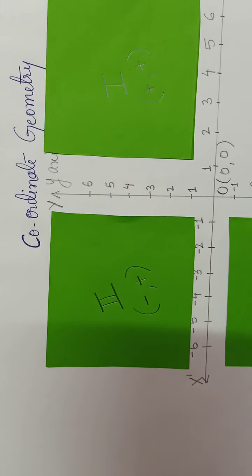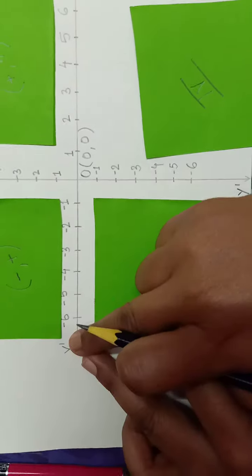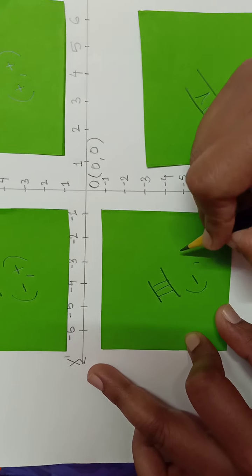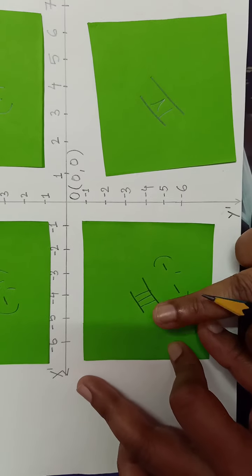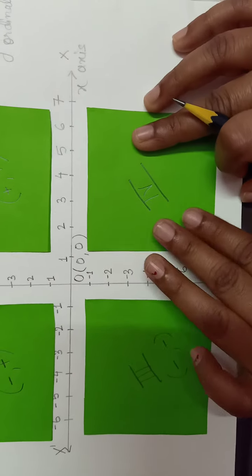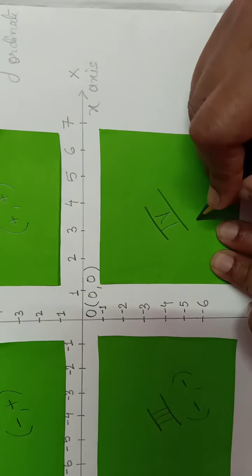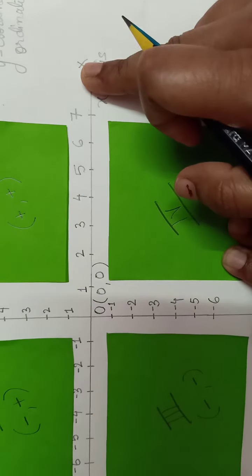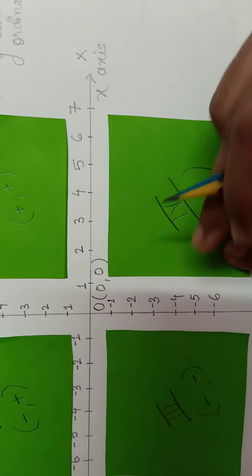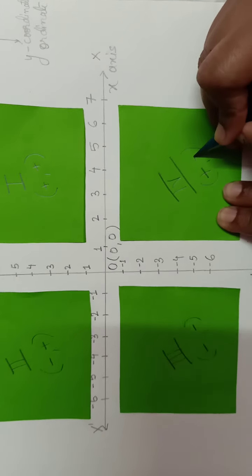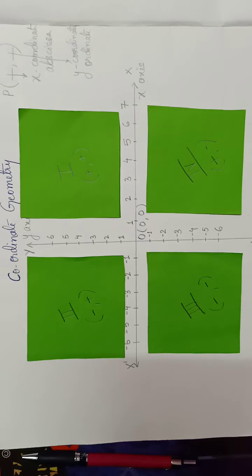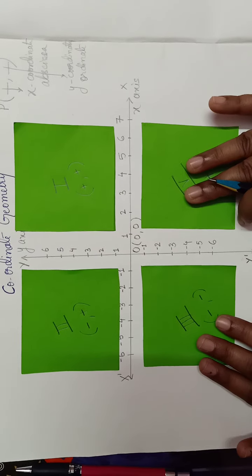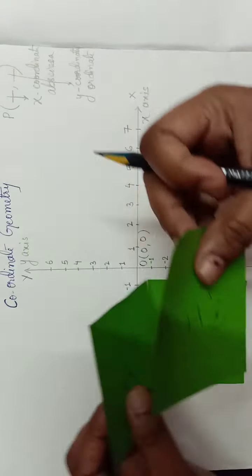Now, the point whose x is negative and y is negative will come to the third quadrant. The point whose x is positive but y is negative will come to the fourth quadrant. Okay, understood? Now let's see how the points will be.